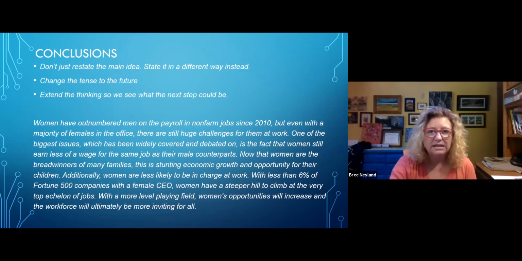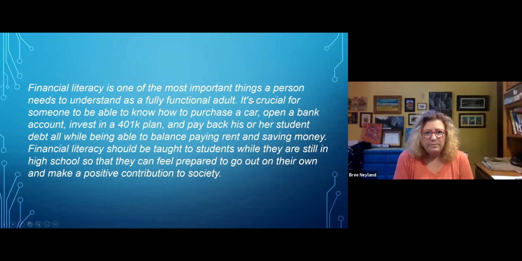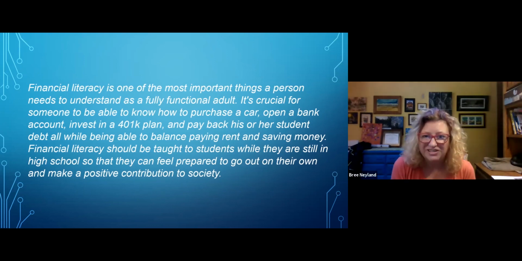Let's take a look at the next example, if I can make it advance. Financial literacy is one of the most important things a person needs to understand as a fully functional adult. It's crucial for someone to be able to know how to purchase a car, open a bank account, invest in a 401k plan, and pay back his or her student debt, all while being able to balance paying rent and saving money.